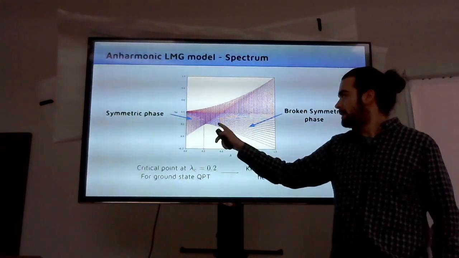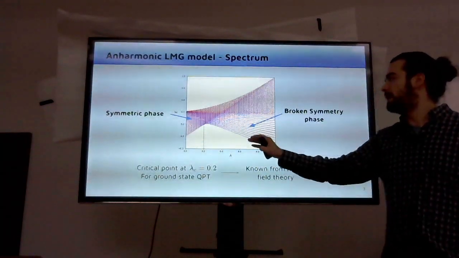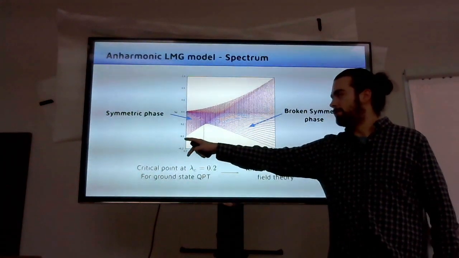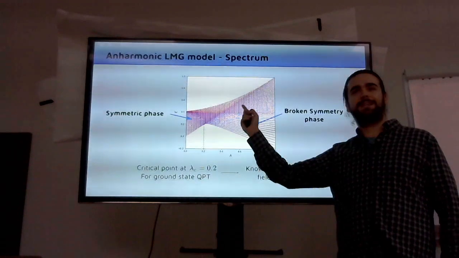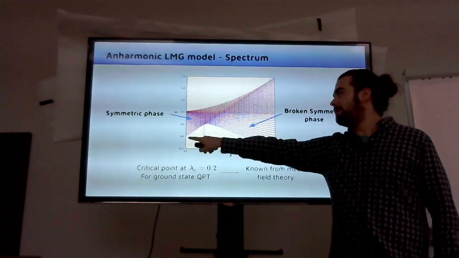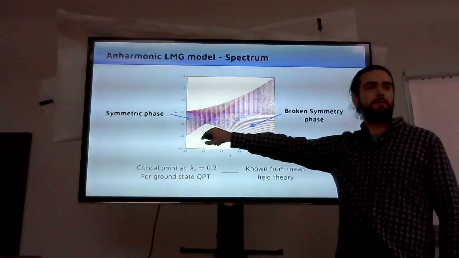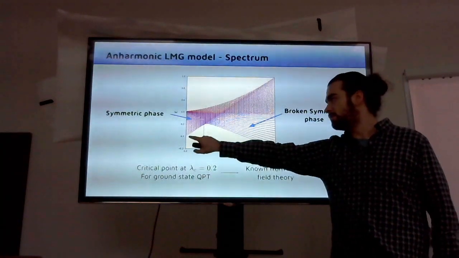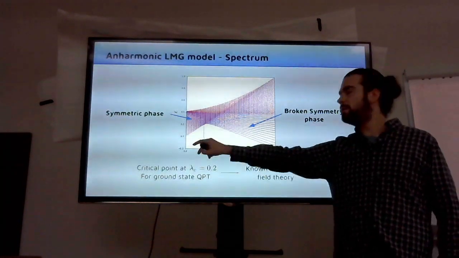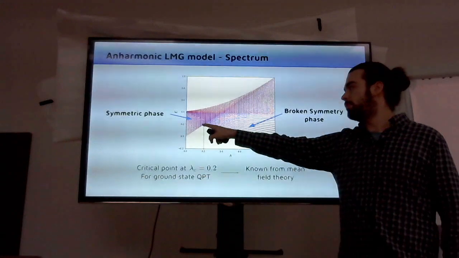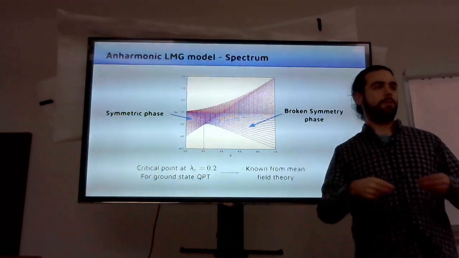As you can see here, I don't know if it's very clear, but we have some blue lines and some red lines. Those are the energy levels that here become degenerate, but by pairs. We have here the odd and even parities. Then they become degenerate, and this is when that happens, and that is the quantum phase transition.